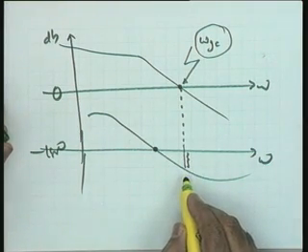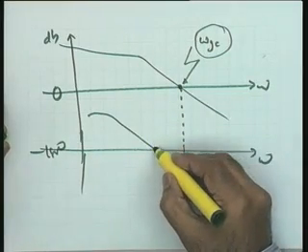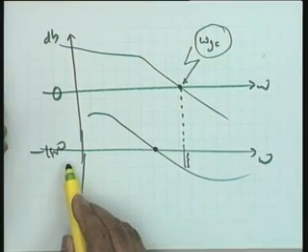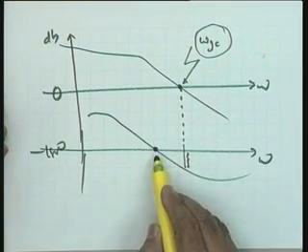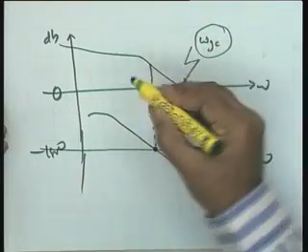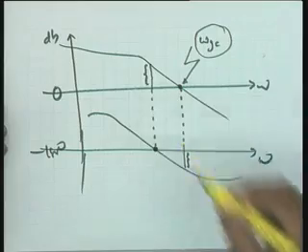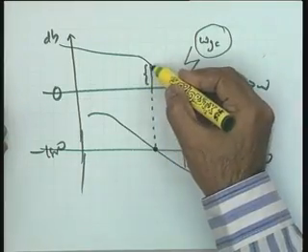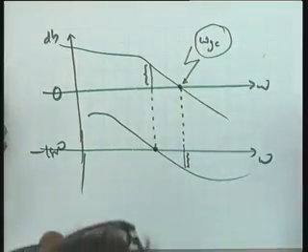So, the system will be unstable. Now, this particular frequency at which it is minus 180 degrees is your phase crossover frequency, and if I calculate the dB at this particular point, this is your gain margin, and the gain margin also in this particular case has turned out to be negative. So, this particular system is an unstable system.